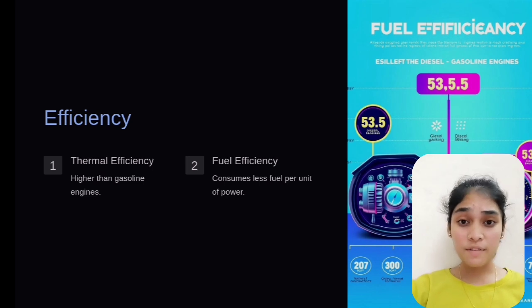And thermal efficiency is, the diesel engine generally has higher thermal efficiency due to the higher compression ratio and lower heat losses, and the diesel engine is more fuel efficient than the gasoline engine, making them suitable for heavy duty vehicles.